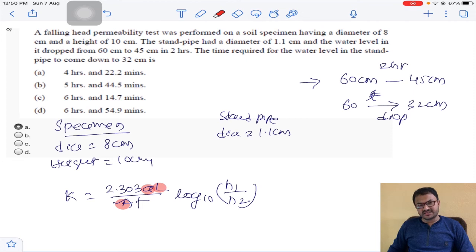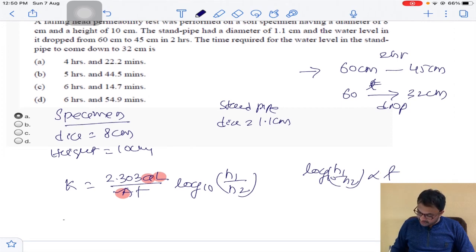Keeping all this aside, what remains are time and log base 10 of h1 by h2, one in the numerator and one in the denominator. Obviously log base 10 of h1 by h2 is directly proportional to t. Is it clear? It is directly proportional to time. So now I am dividing, log for case 1 and case 2.